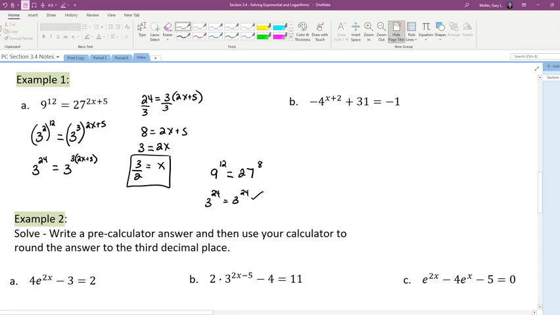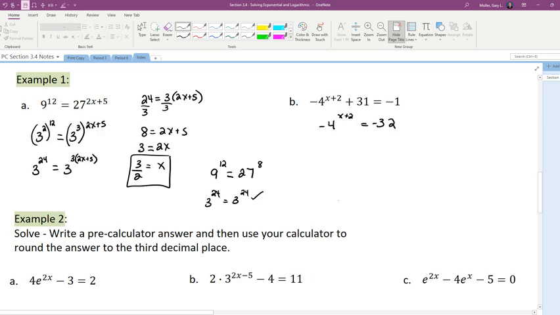All right, I don't know where this one's going to go quite yet, so let's just see what happens. I'm going to solve this how I normally would. I've got my constant term, so I'm going to move it to the other side, giving me negative 4 x plus 2 equals negative 32. Don't be confused.